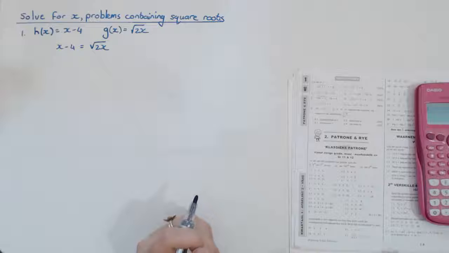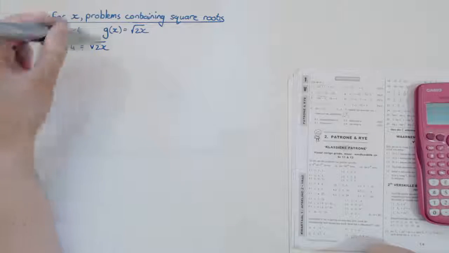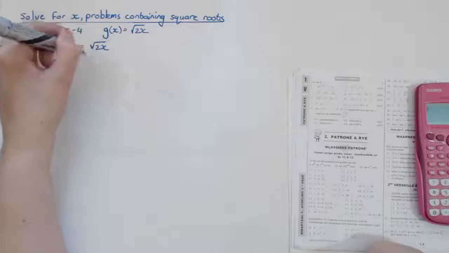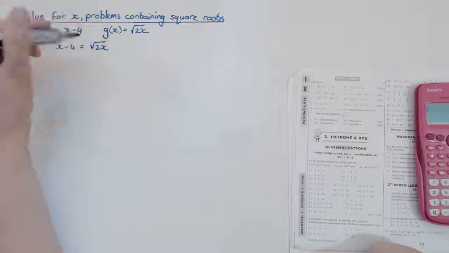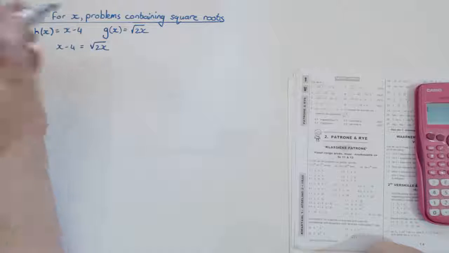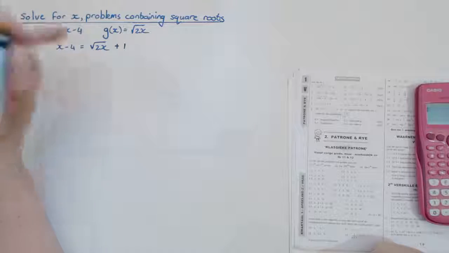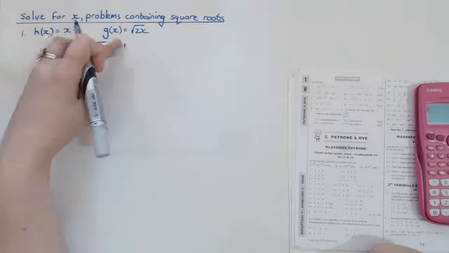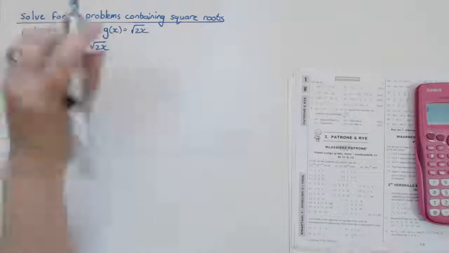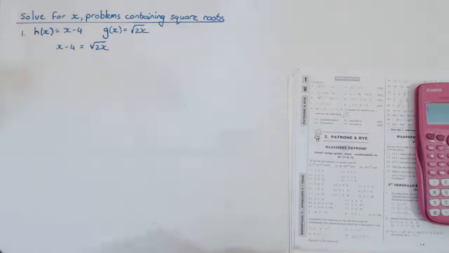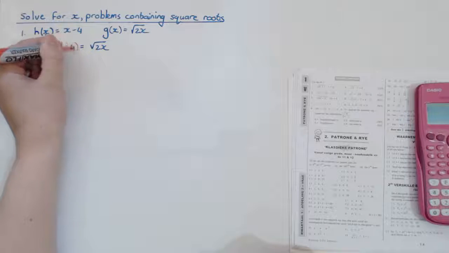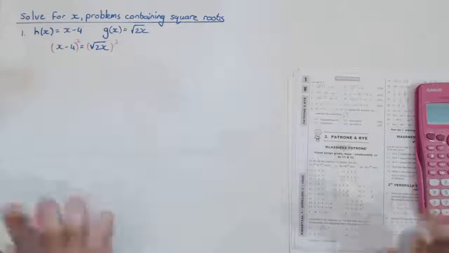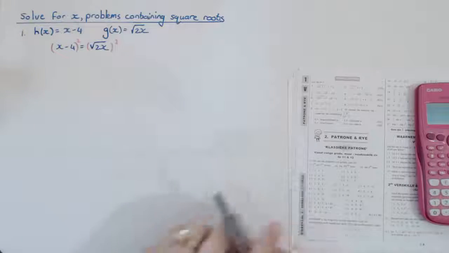Now, when solving an equation like this with a root in it, I want to get the root alone. In this question, the root is alone. But if there was, for instance, a +1 there, I would take the +1 over so that I've got the root alone. And then after I've got the root alone, I will just square both sides and then I'm rid of the root. Ta-da! Okay, that's quite easy.